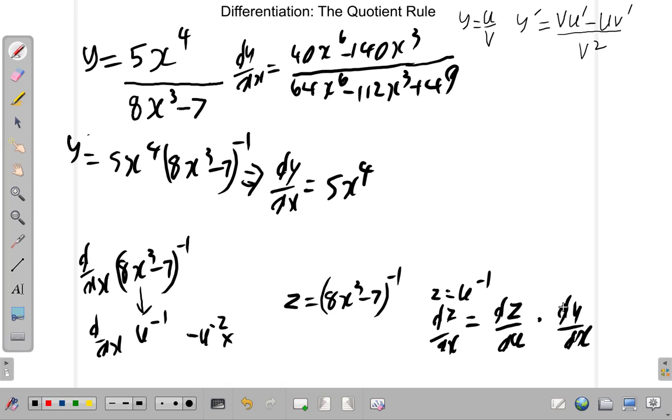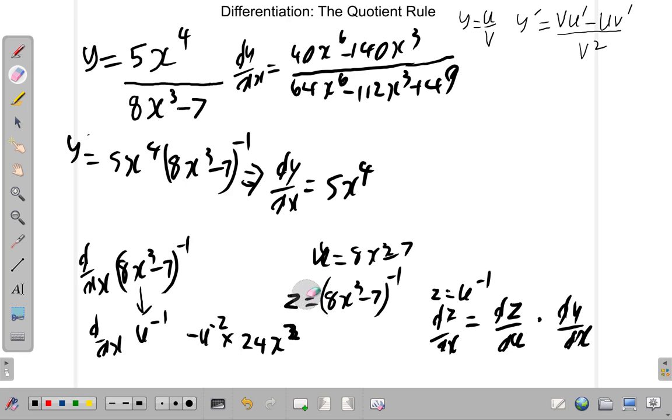Now we're going to multiply by du by dx, right? We say that u is equal to 8x cubed minus 7. So du by dx would be 3 times 8, 24x squared.